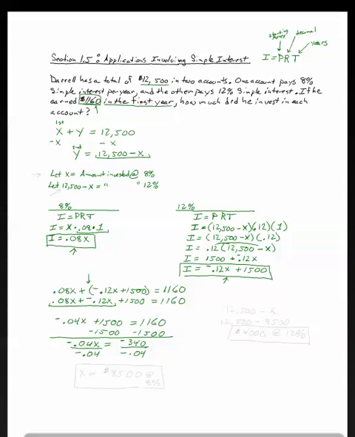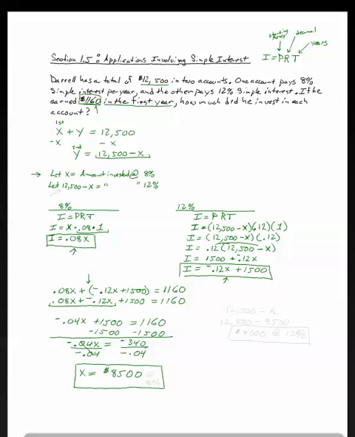And I'm going to get x equals. Now, in the calculator, I do negative 340 divided by negative 0.04, and that gives me a total of $8,500. And remember that x, if we go back up to the top, that's the amount invested at 8%.